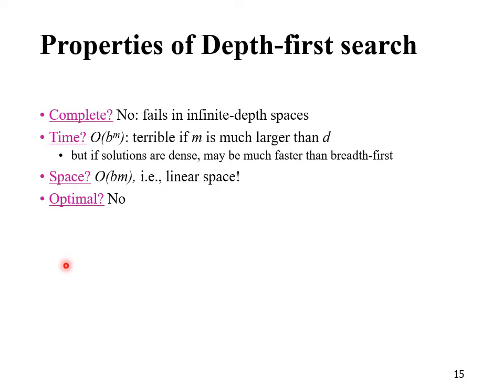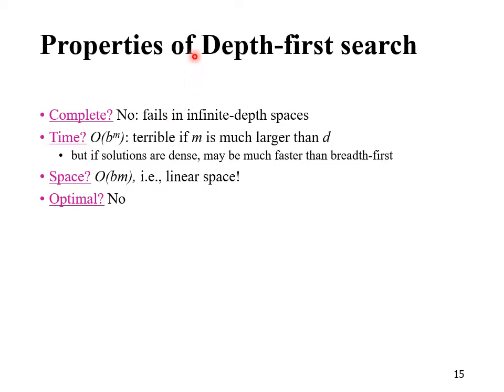So the drawback of depth first search is that the depth could be infinite, so we will get lost in a blind alley and infinite depth space. So we cannot say that this algorithm is complete. It is not complete.